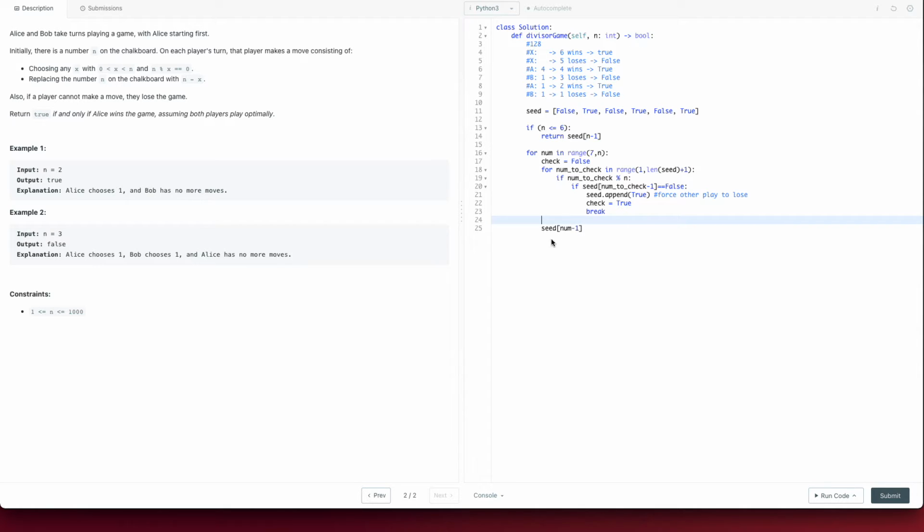But I've never set this check flag to true. So if not check, probably flag is better, but yeah. If not flag, which means I didn't set it to true, then c dot append false.